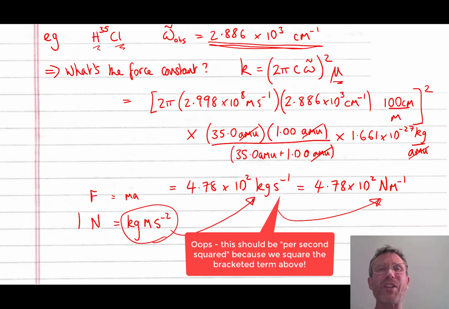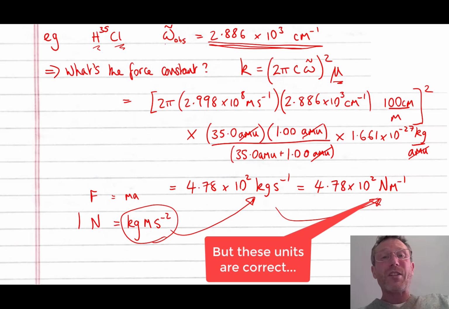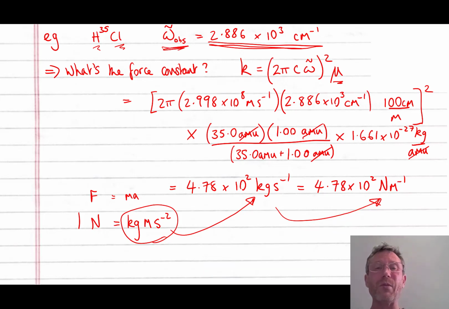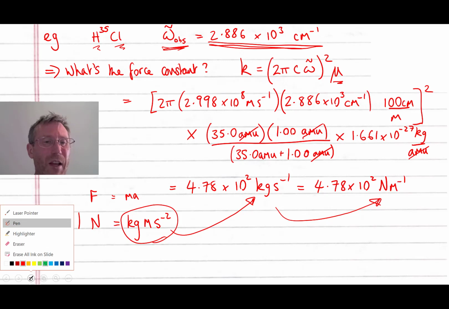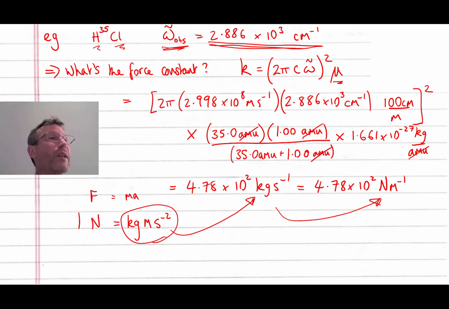So very plug and chug there. The point here is that we tend to work with wave numbers when we're working with spectroscopy, certainly in infrared spectroscopy. What else can we say about this, and how else is this important?